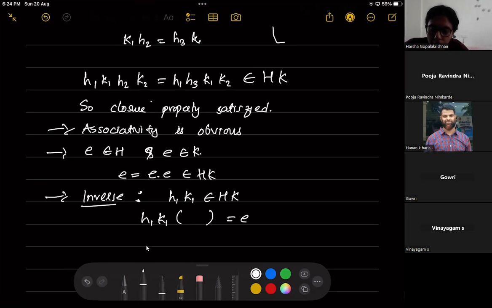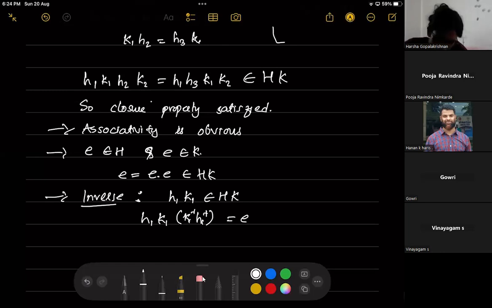So, I need to take the inverse. I am taking K1 inverse here. K1 inverse will go to identity. Then the remaining is H1. So, I need to take an H1 inverse here, right? So, this will be identity, correct?